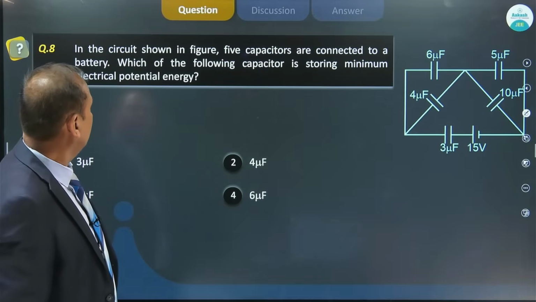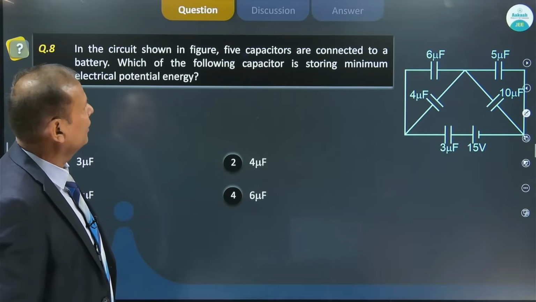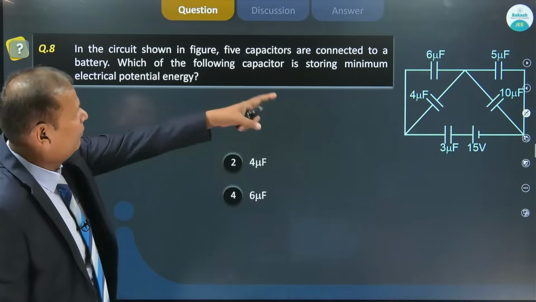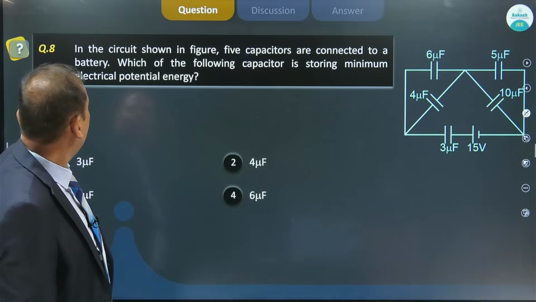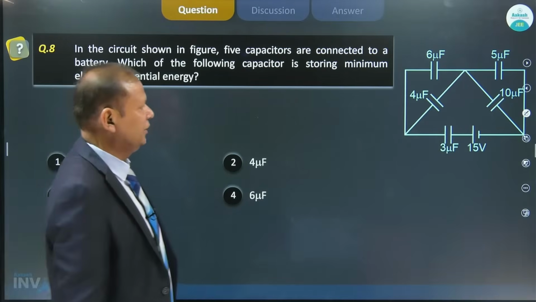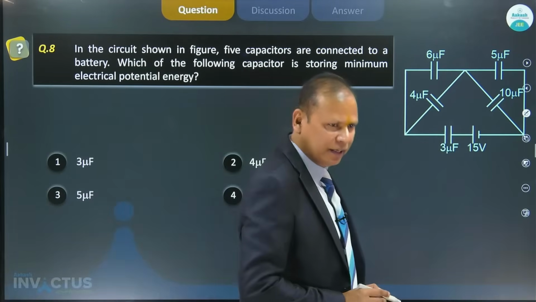In the circuit shown, 5 capacitors are connected to a battery. Which of the following capacitors is storing minimum electrical potential energy? So just redraw the circuit.